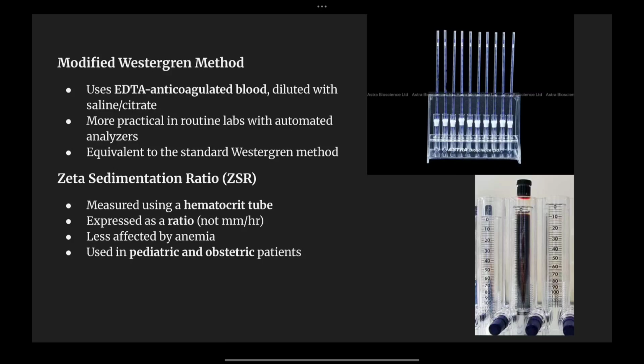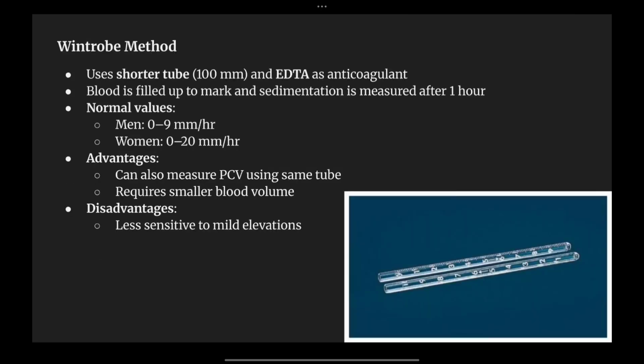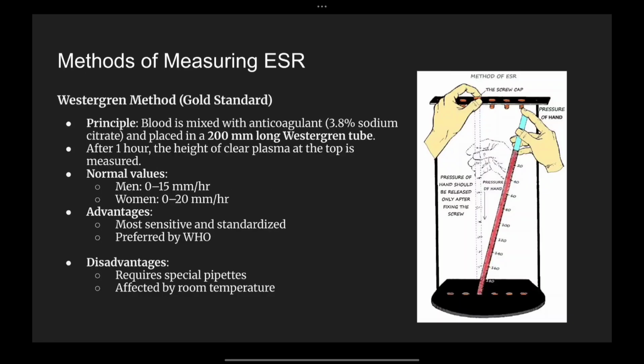It is less affected by anemia and is used mostly in pediatric and obstetric patients. So you can do a little research on zeta sedimentation ratio as well, but I feel you need to focus more on Westergren method as well as Winthrop method, because these are the gold standard methods and the methods that are adopted in the usual laboratory environment.